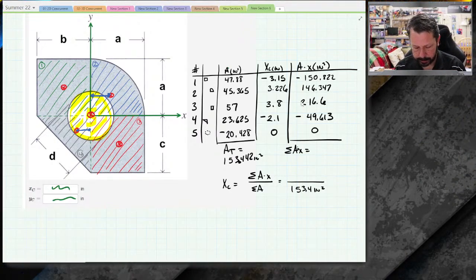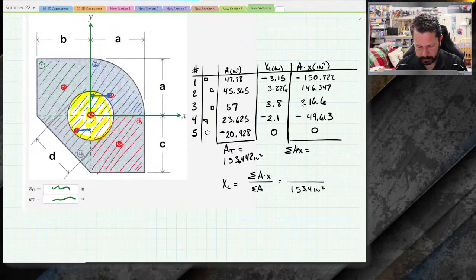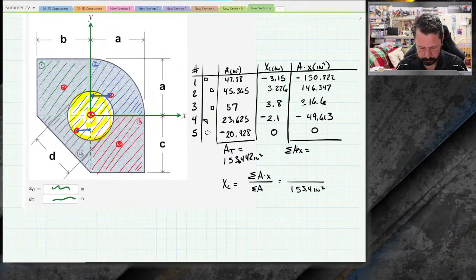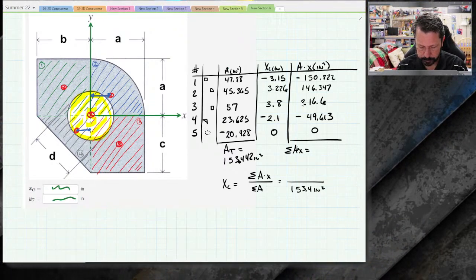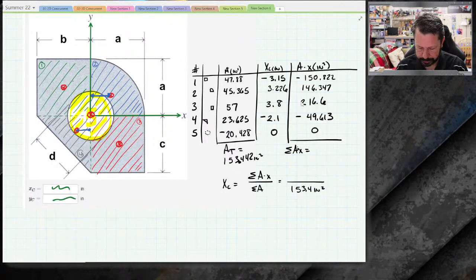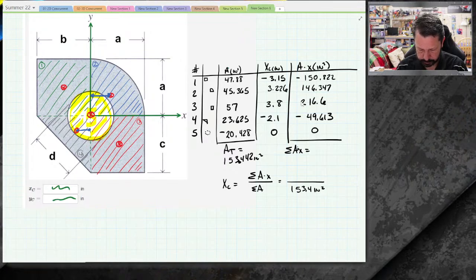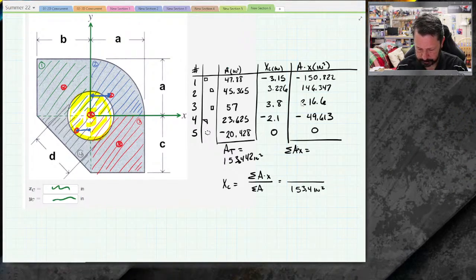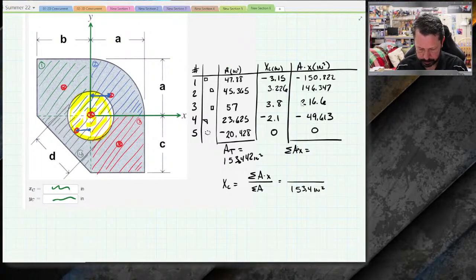Let's add these things together. So negative 150.822, 146.347, need to add that. 216.6, add that. 49.613, subtract that.